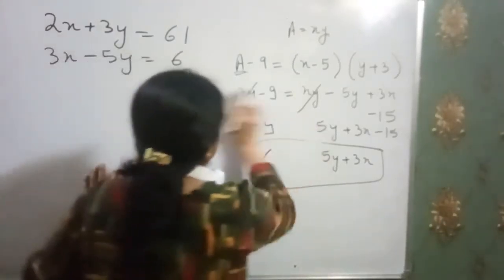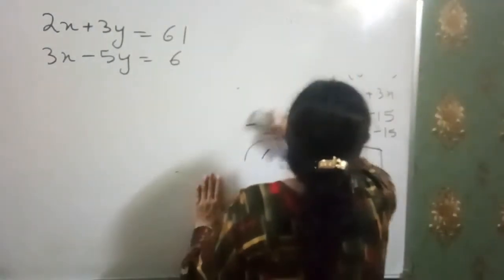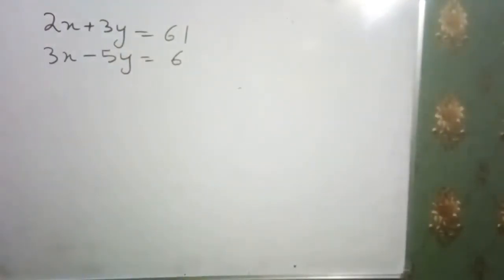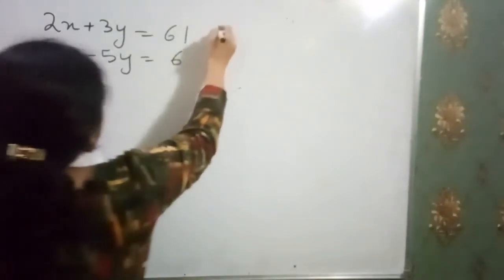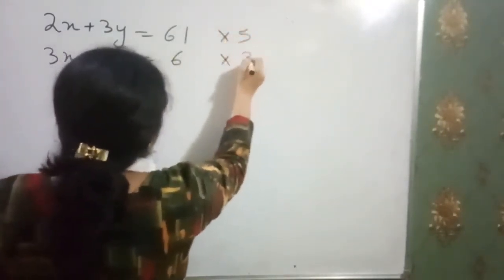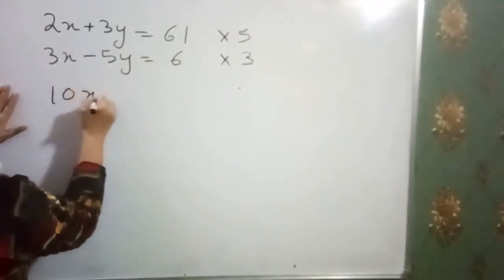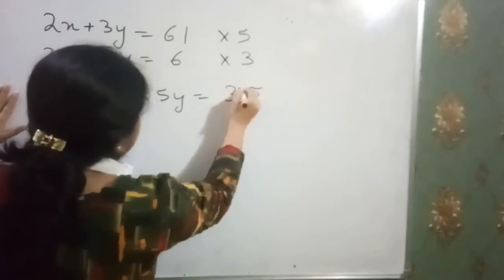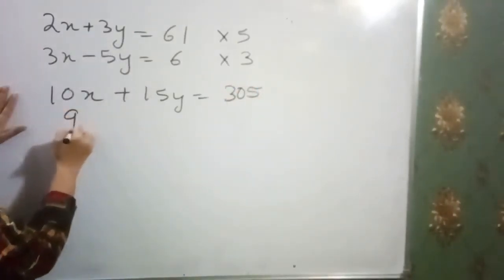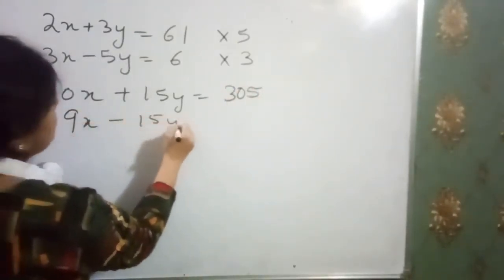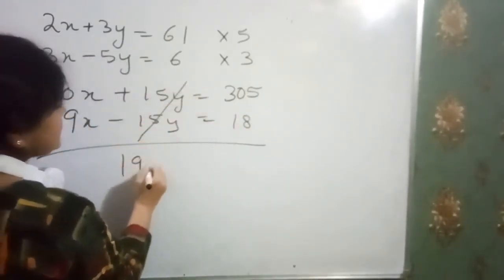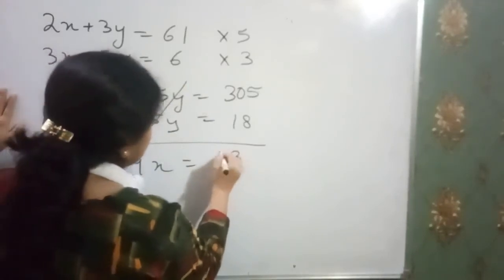Do it by either cross multiplication or elimination as you want. Okay. So just apply the elimination. Multiply by 5 and 3: 10x plus 15y equals 305, and 9x minus 15y equals 18. It gets cancelled. We have 19x equals 323.